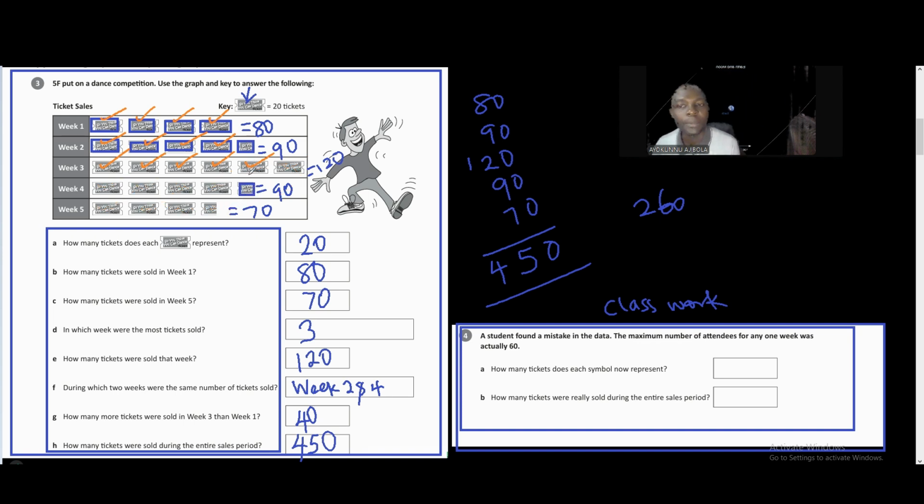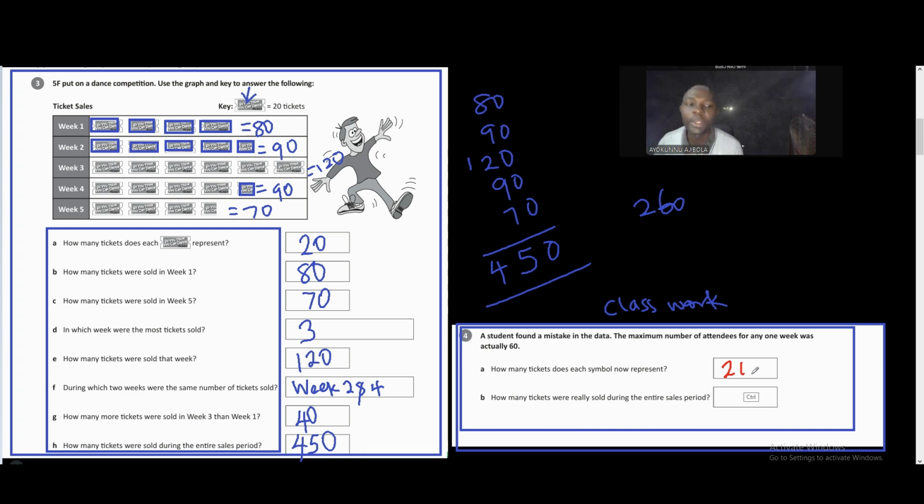So that means we can try 2, okay? So 2, 4, 6, 8. With 2, count everything and tell me what we will arrive at if we use 2 to represent each one. 2, 4, 6, 8, 10, 12, 14, 16, 18, 20.